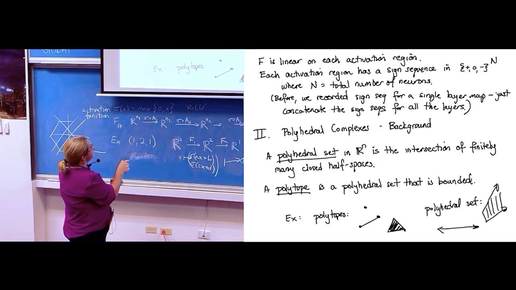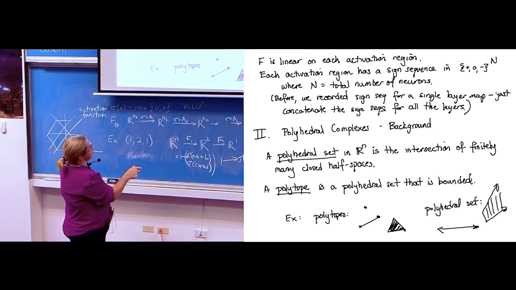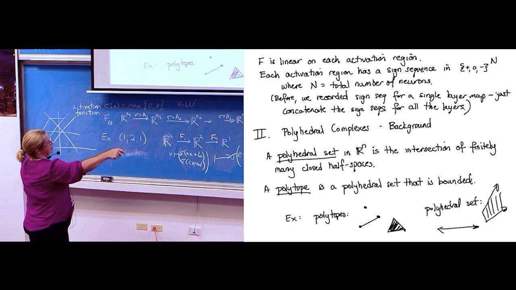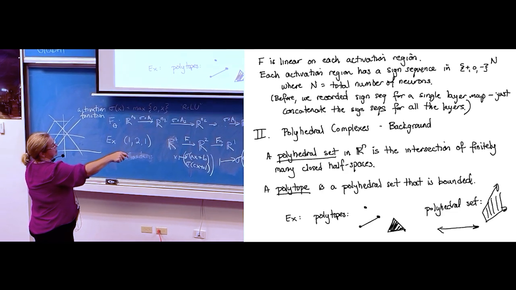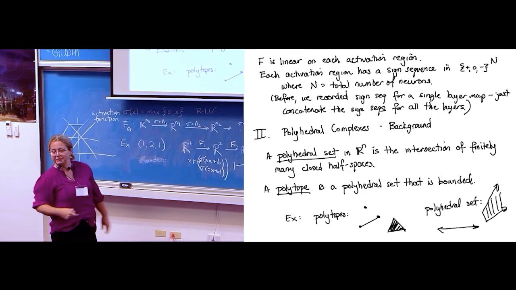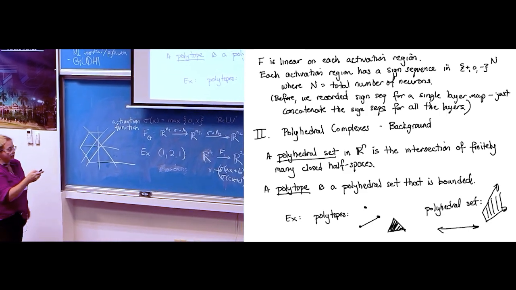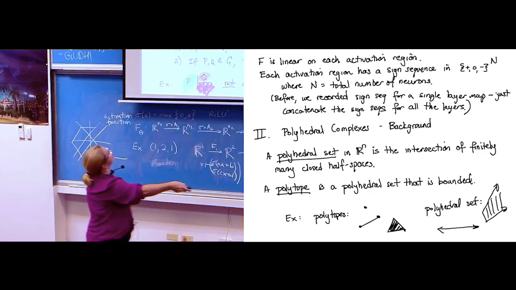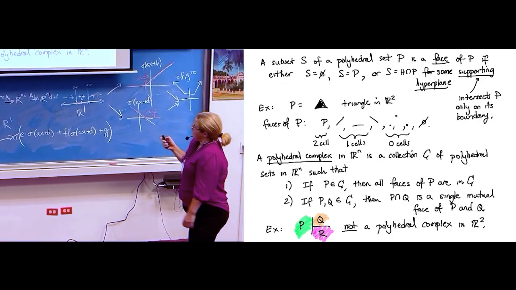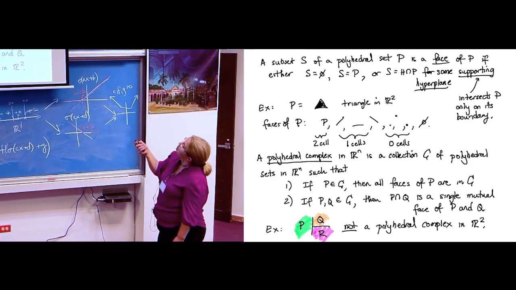A polytope is a polyhedral set that is bounded. For example, this is a polyhedral set in R2. It's unbounded. It's not a polytope. These are polytopes because they're bounded. So, some terminology.